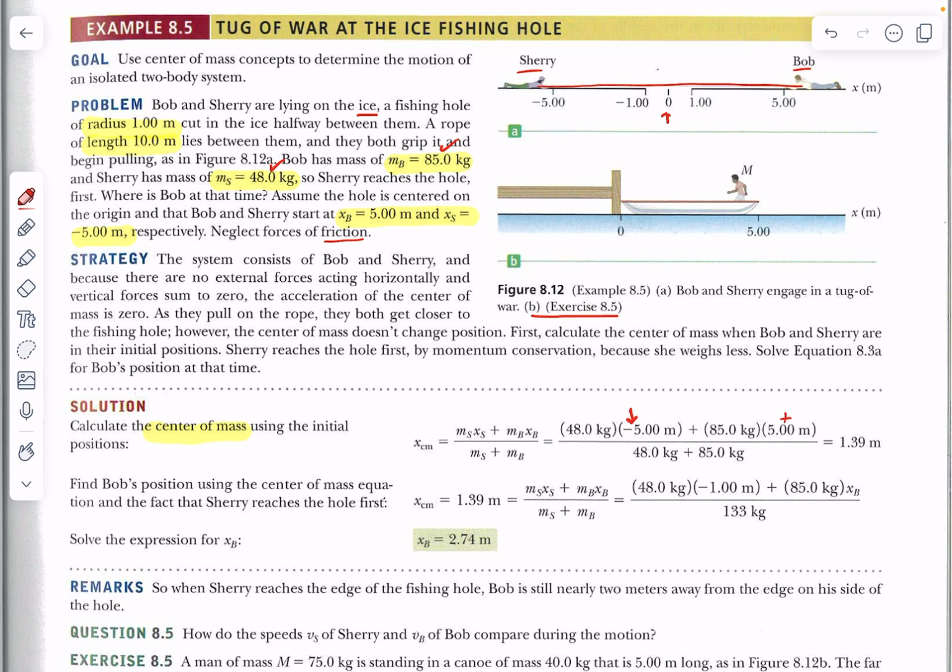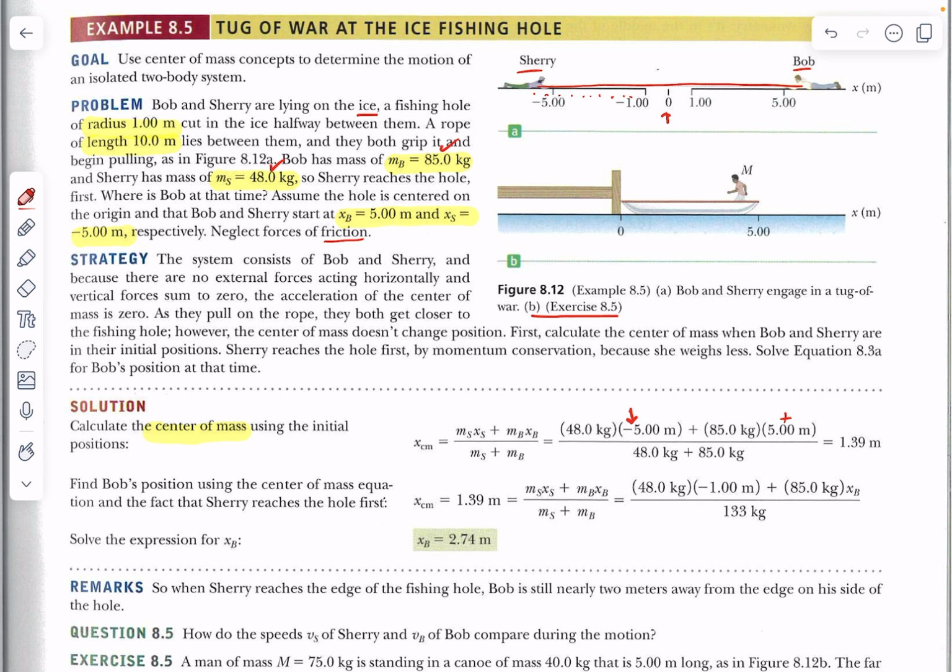And we want to find out in this problem, where is Bob at the time when they both start pulling on the rope, when Sherry, because Bob is more massive, Sherry is going to make it to the hole before Bob does as they go hand over hand pulling on the rope.